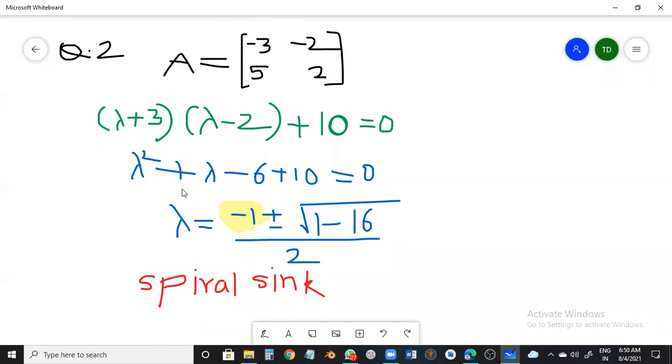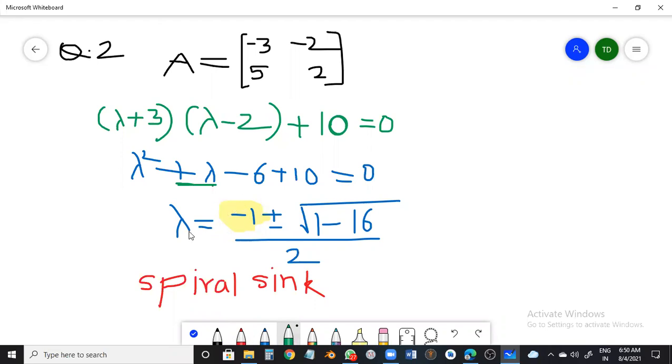What you observe, the coefficient of the lambda, the linear term here, is positive. If the coefficient of lambda is positive, and if at all you are getting complex roots, the real part of the complex root is what? Negative.